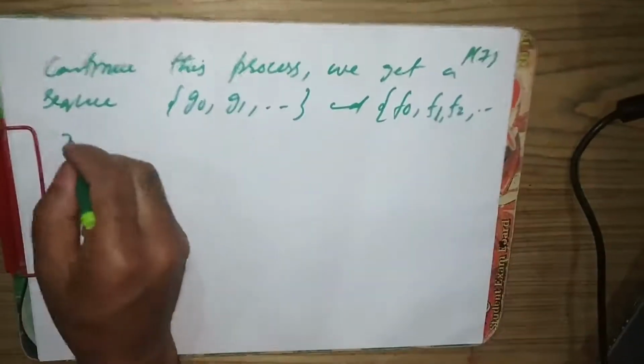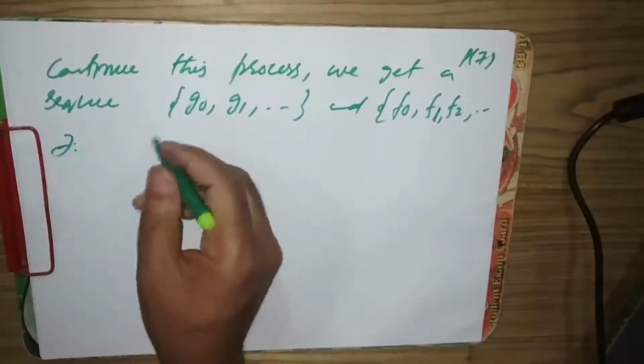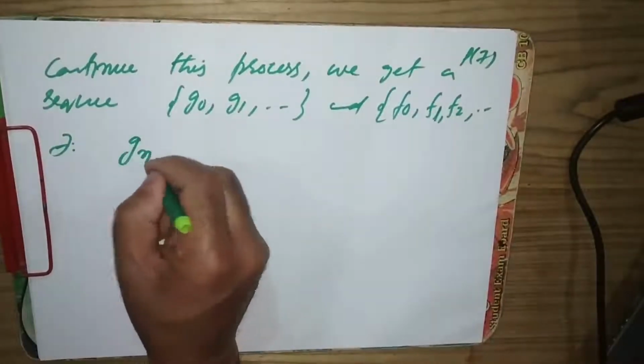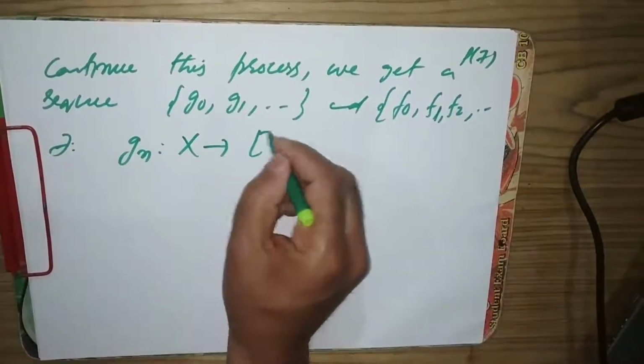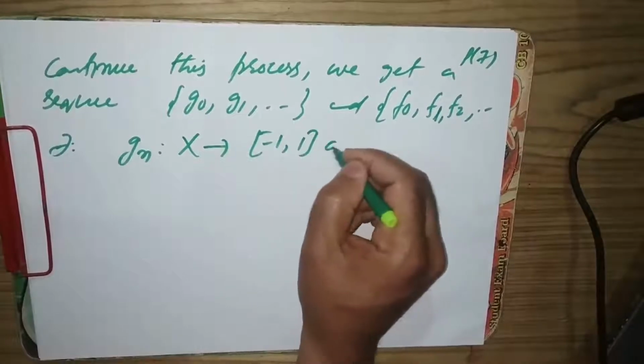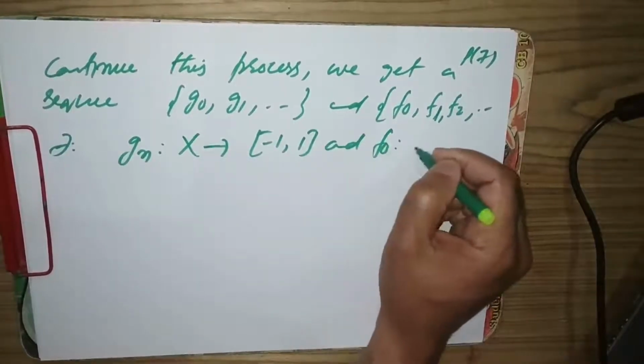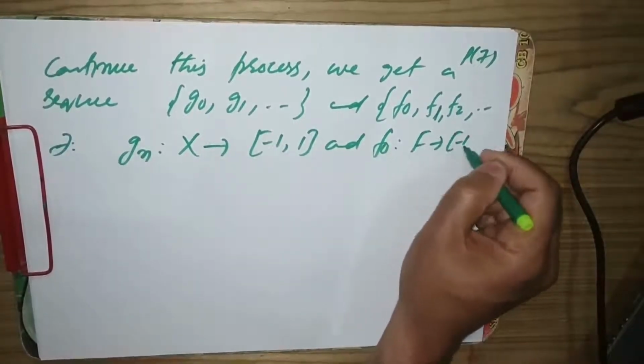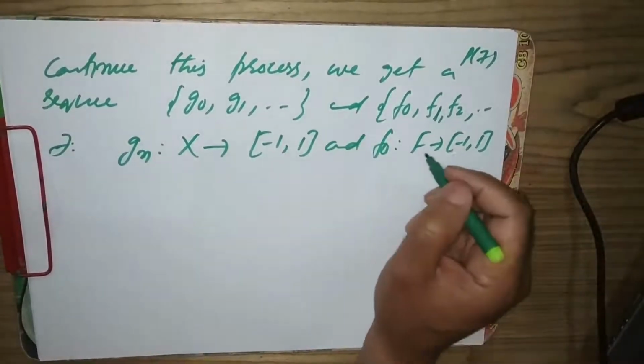the gn's and the fn's are functions from x to the interval minus 1 to 1. Now the gn's are not functions to minus 1 to 1.